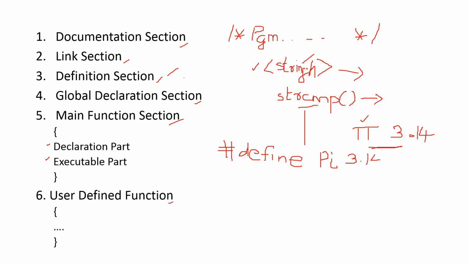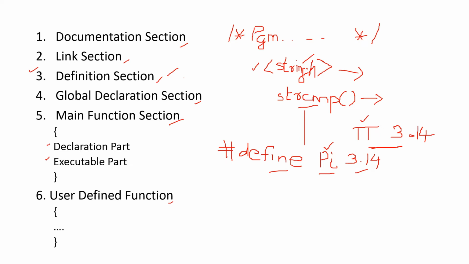That means wherever you need pi, just write pi and 3.14 will be automatically replaced. Pi will be replaced with 3.14. So you are defining it. That is the definition section. This is an optional section. It is not necessary that it always be there.